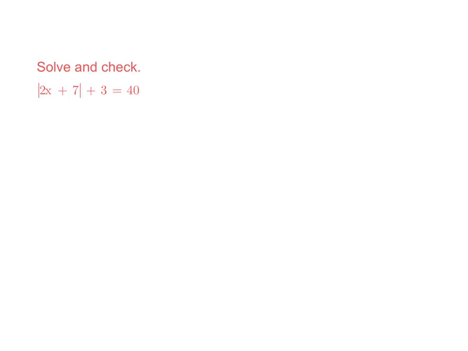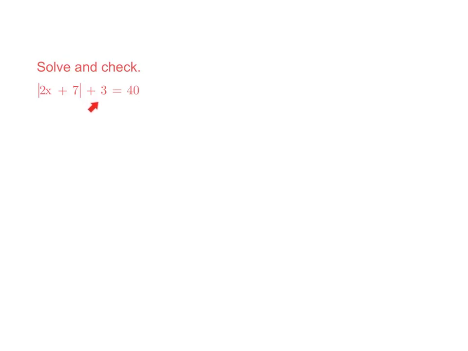Get the absolute value by itself, which means in this particular problem, I have to subtract. Okay, so let's just understand something here. The absolute value is here, but I have a plus 3 on that side with it. I need this absolute value by itself, which means I need to get rid of this plus 3. How do I get rid of it? What property is that?